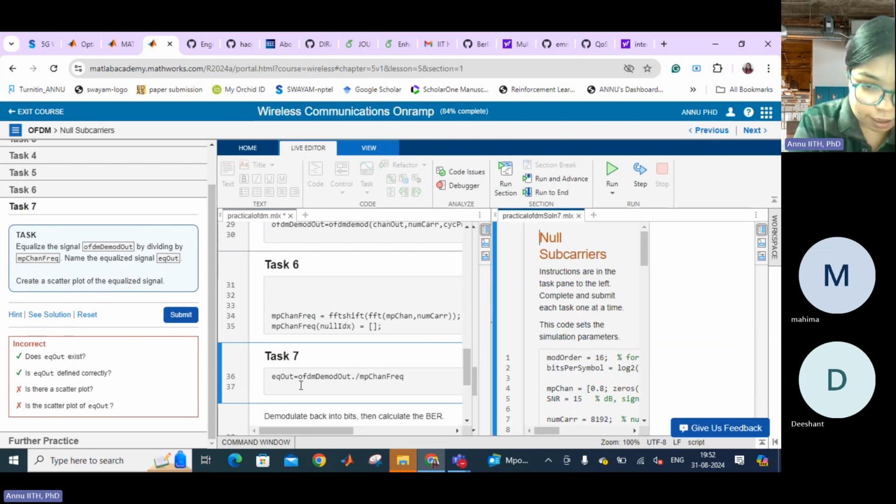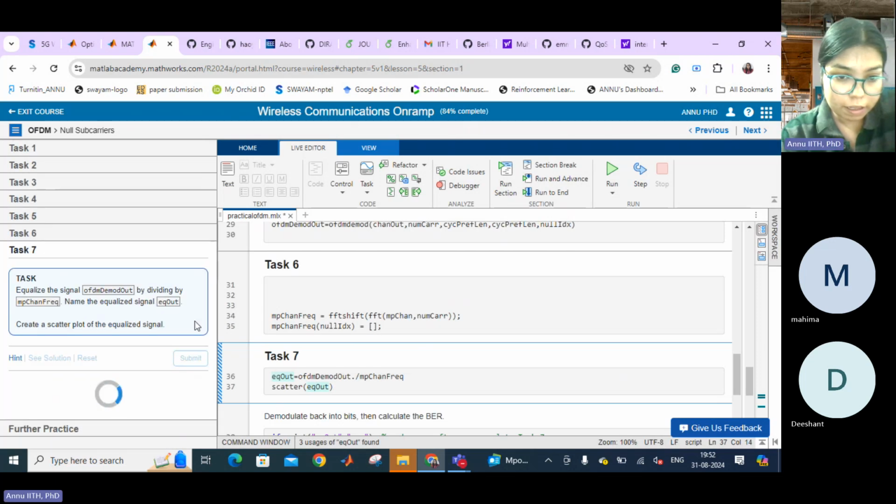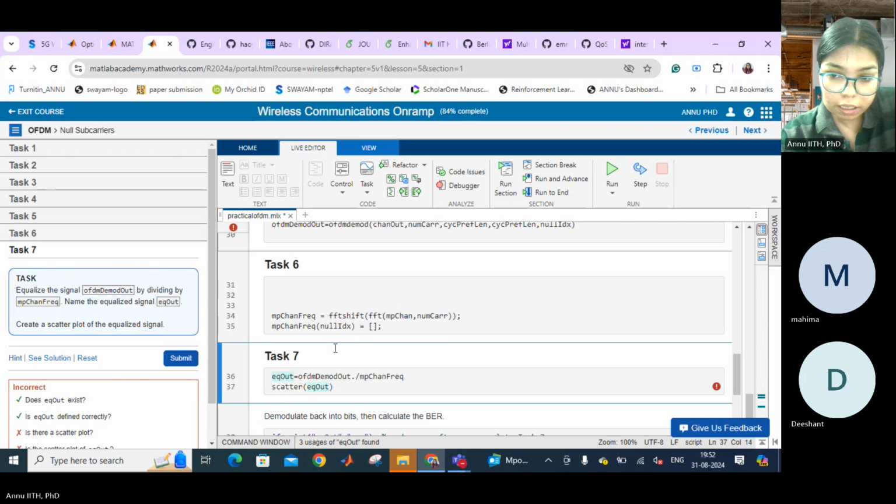So scatter, equalize out. Let's see the solution. Oh, scatter plot.